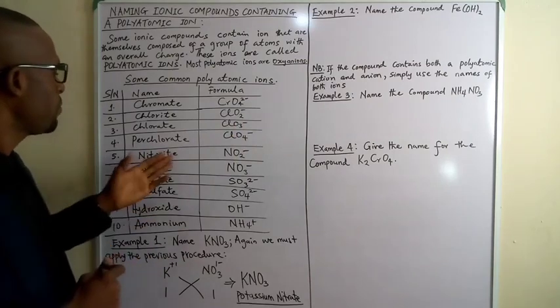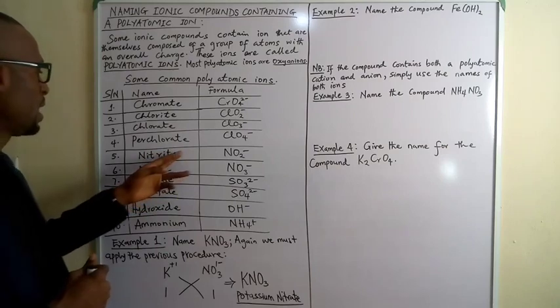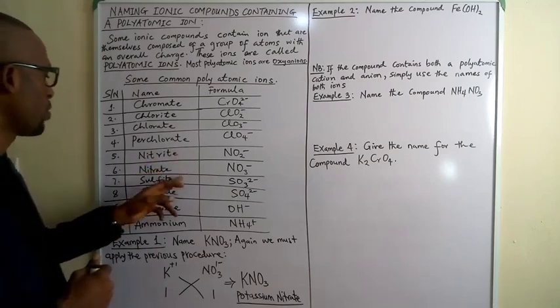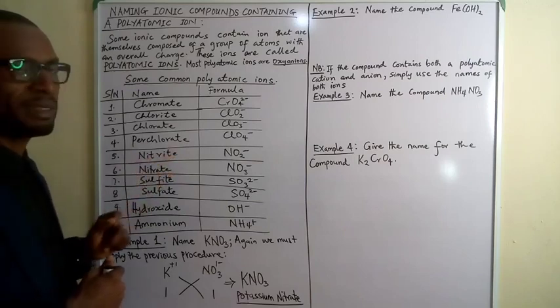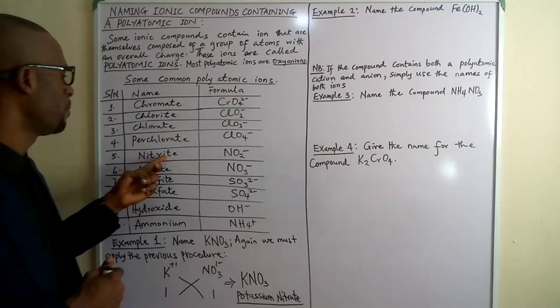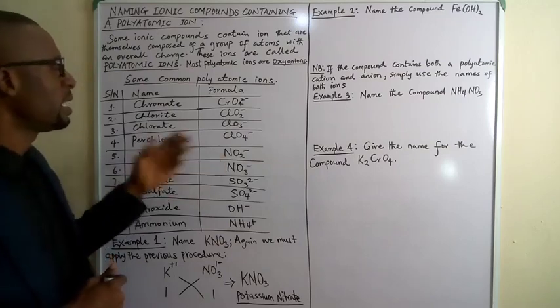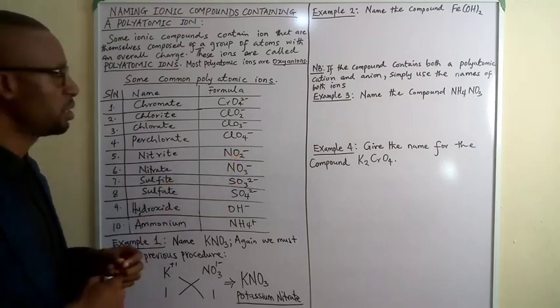If you follow what I just explained, you will see the trend in nitrite and nitrate, sulfite and sulfate. The ion with the last syllable ite again usually has the least oxygen.